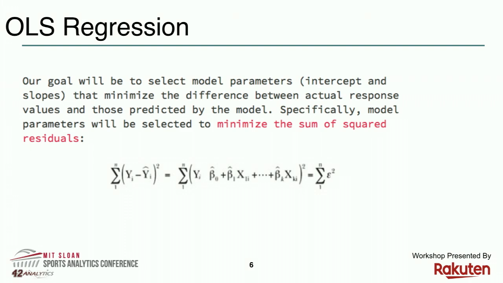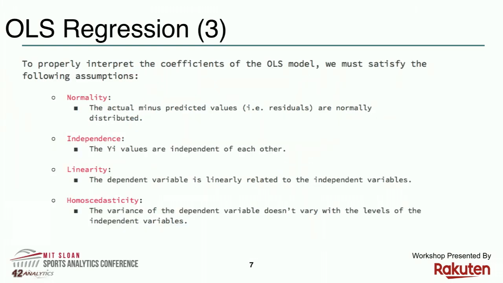Specifically, they will be selected to minimize the sum of squared residuals. So to properly interpret the coefficients of the OLS model, we must satisfy the following assumptions: normality, independence, linearity, and homoscedasticity. I will not try to pronounce that last one.